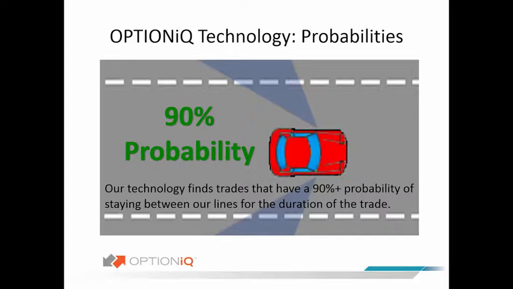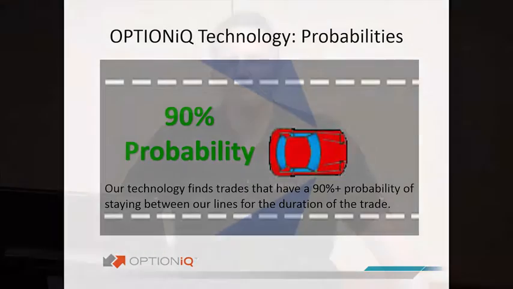Now let me explain what this means. Whenever you set a trade with the software, it is going to recommend that you set a certain trade, and it's going to have different trades available. We're going to ask you to use what's called the preferred trade of the day. But when you go in and you look at that trade, you will notice that that trade, based on where those boundaries are, has a 90% probability or greater probability that it will stay between your lines.